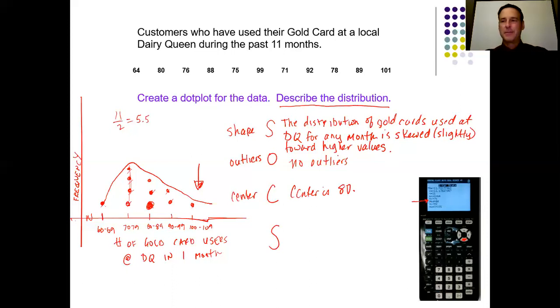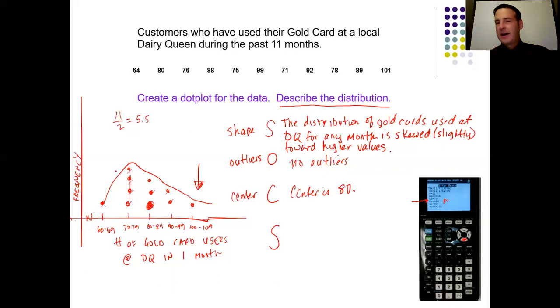And median is the same thing as the center, and you'll notice that it verifies that it is 80, okay? And that's great. So if you have like a ton of data, like say you have 100 data items, and they're all mixed up, put them in your L1 and do a one-var stat, and then do this command. And don't forget to scroll down. People forget to scroll down sometimes. And you can find the median or the center really quickly.